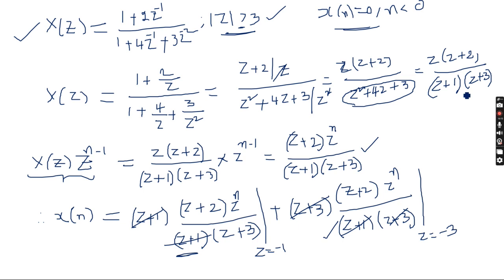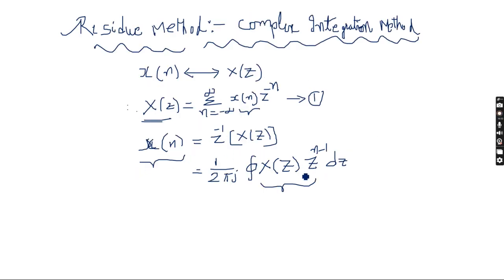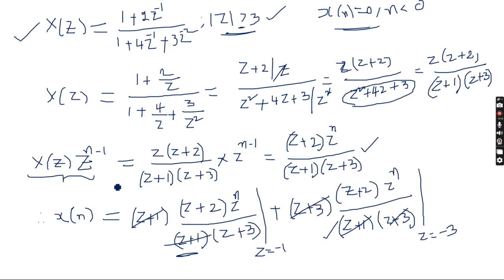Then check how many poles are available in the denominator, and multiply x of z with z power n minus 1. Why do you multiply with z power n minus 1? Because this is the derivation we have got. Then you can get this equation.